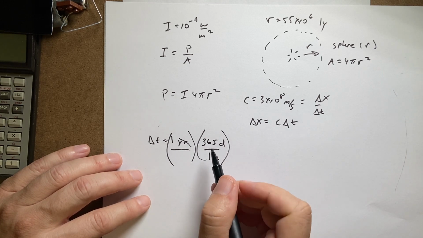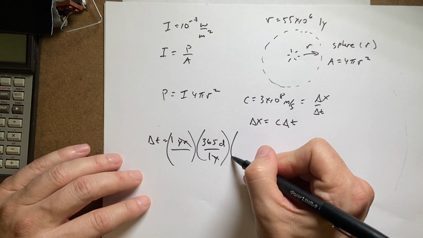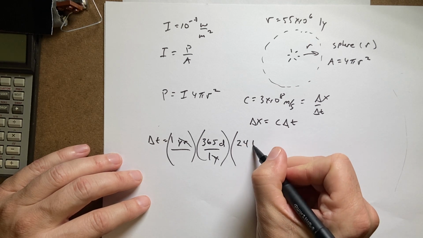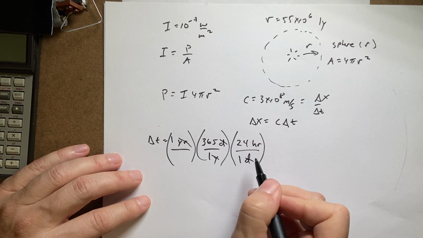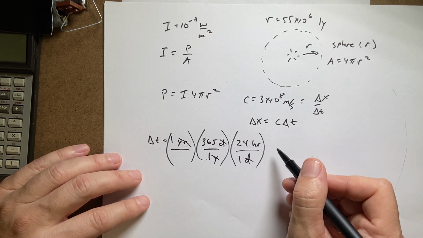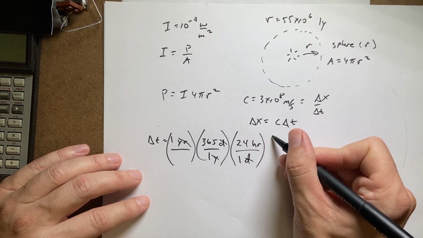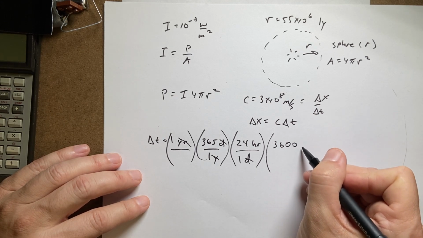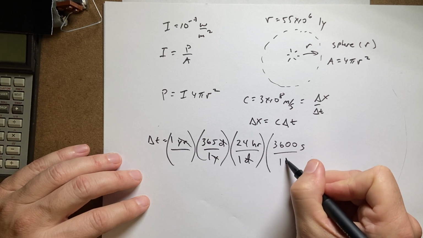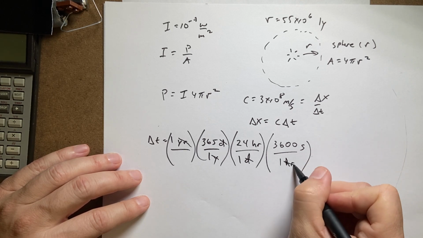So now I'd have 365 days, but I need it in seconds. So let's do this: 24 hours in 1 day. Now the days cancel. Now I need to convert that to seconds. I know that there are 3,600 seconds in 1 hour, because it's 60 times 60.